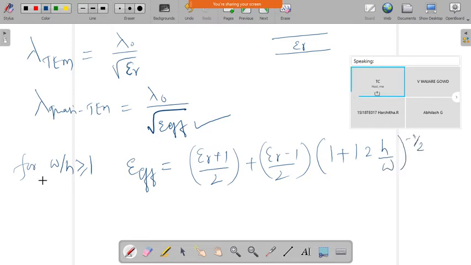So this is the equation for effective dielectric constant whenever the width to height ratio is far greater than 1.